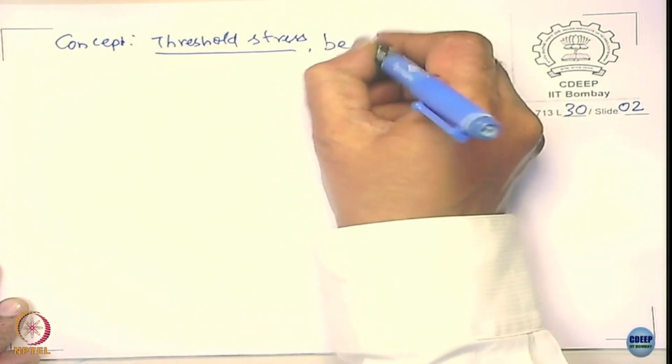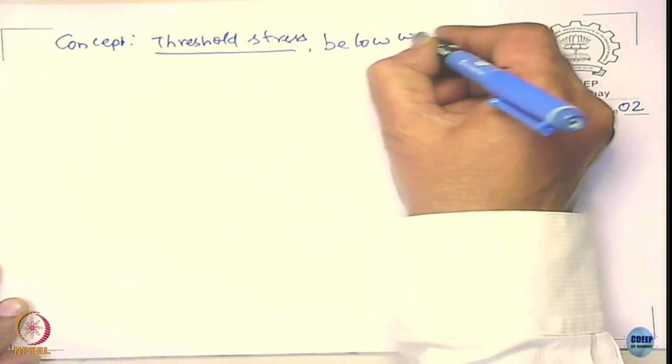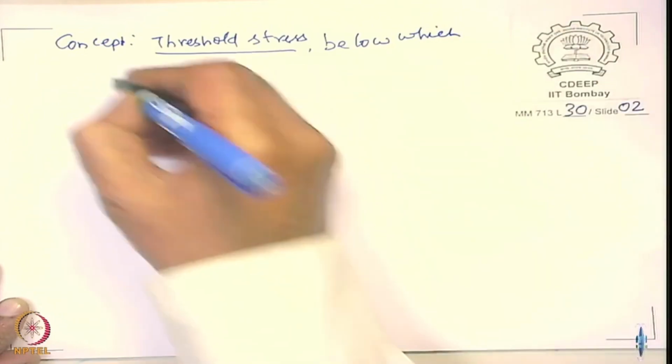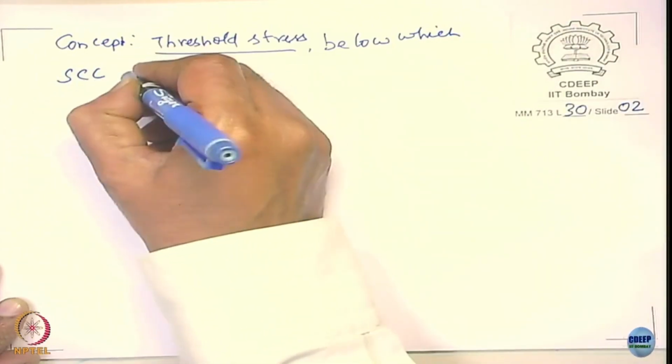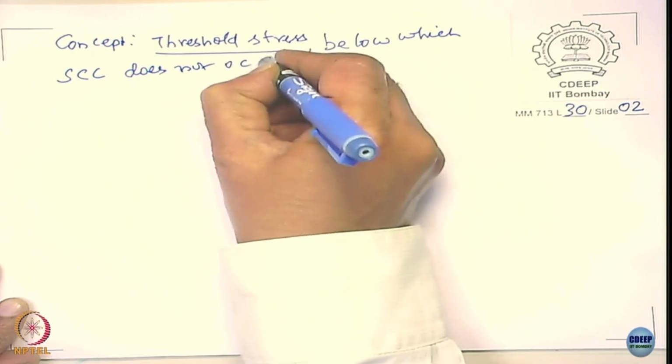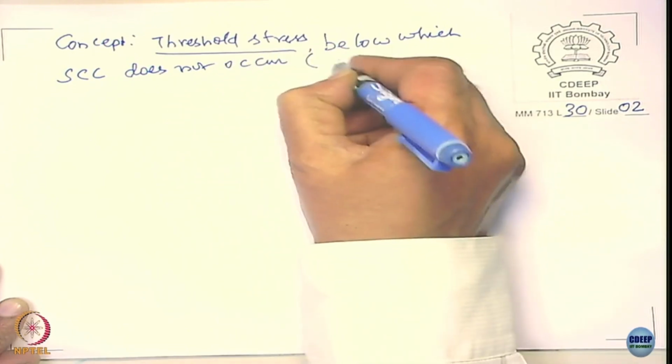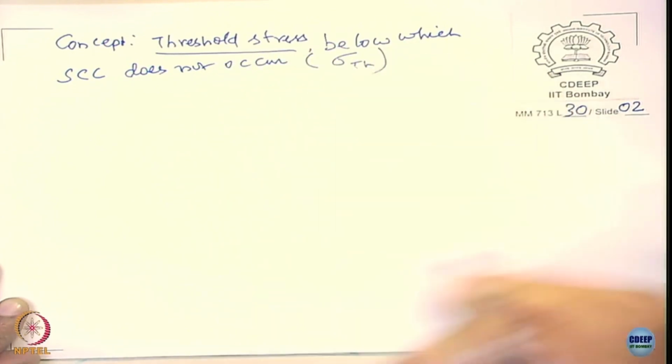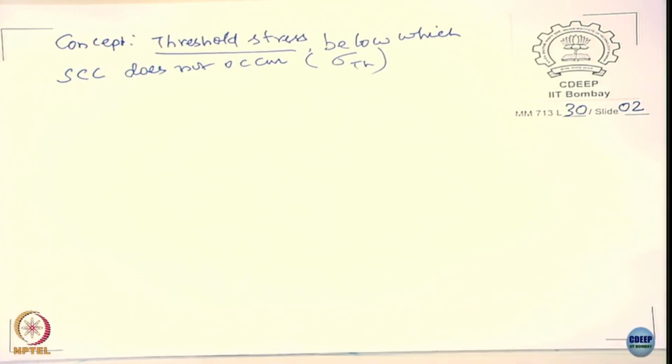Below which stress corrosion cracking does not occur. This is called sigma TH. There is a symbol sigma TH for that.